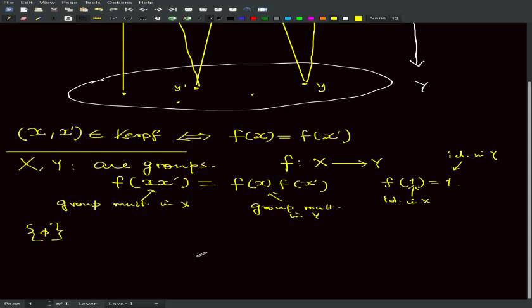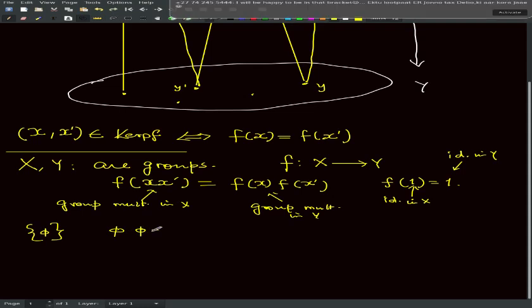There is obviously only one group structure on this, and that is multiplication is this. So the only element is its identity. Okay?